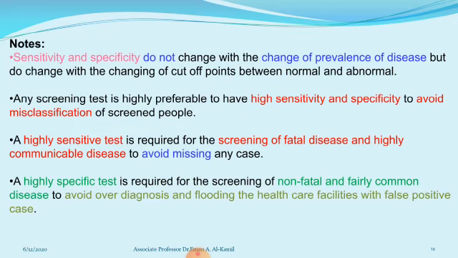For any screening test, it is highly preferable to have high sensitivity and high specificity to avoid the misclassification of screened people, and we have already discussed the implication or the drawback of classifying an individual as having disease or not having the disease. A highly sensitive test is required for the screening of fatal disease and highly communicable disease to avoid missing any case.